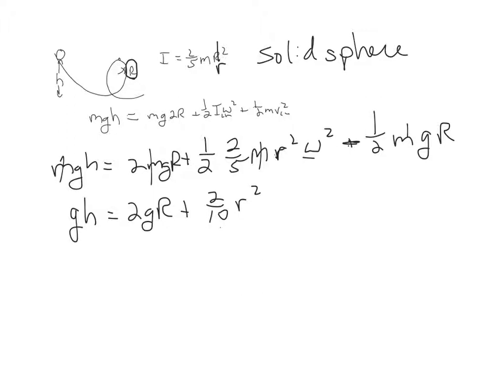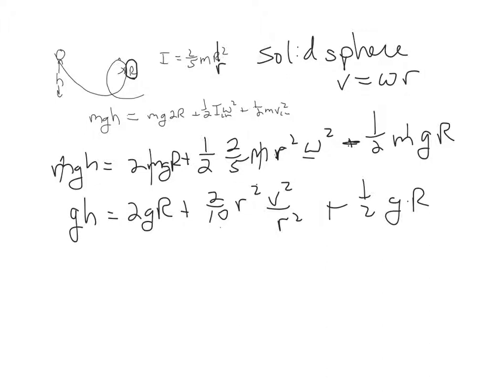It's velocity over r, so omega is replaced with v over r, and both are going to be squared. So we're going to have v squared over r squared, and continue with m's are gone.